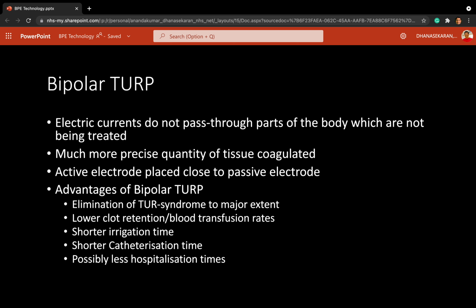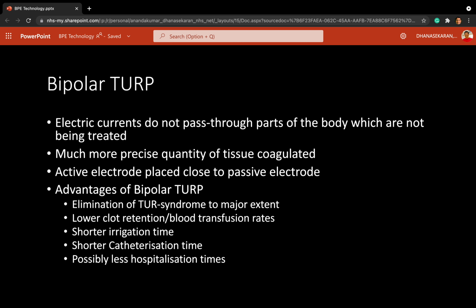Okay. And what are the advantages of bipolar TURP? So this allows for greater hemostasis, thus resulting in less absorption of irrigant fluid into the vasculature.